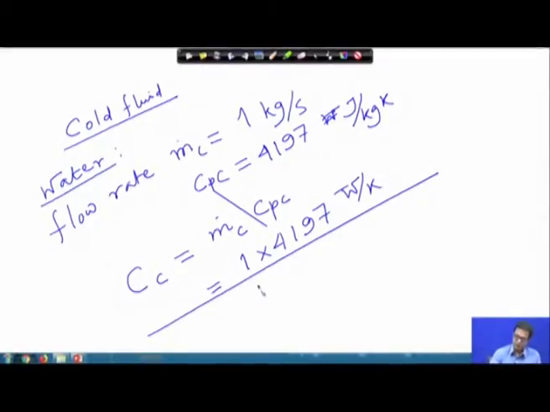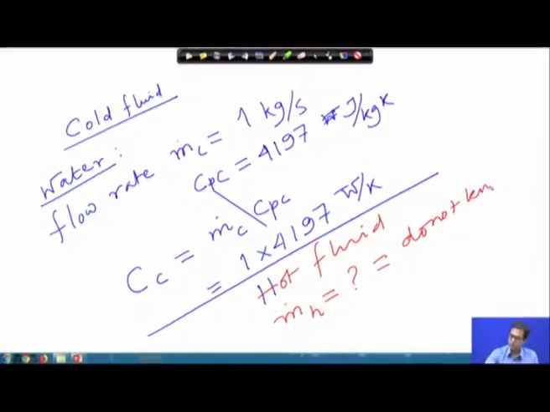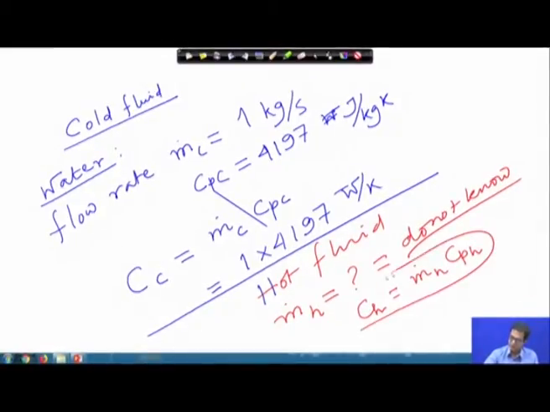So, this is one parameter. Then for the hot fluid, mH dot is not given, we do not know. So, how do we find Ch then? We know Ch equals mH dot CpH, and this is what we need to find out.